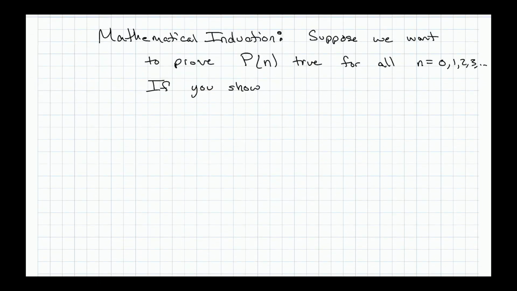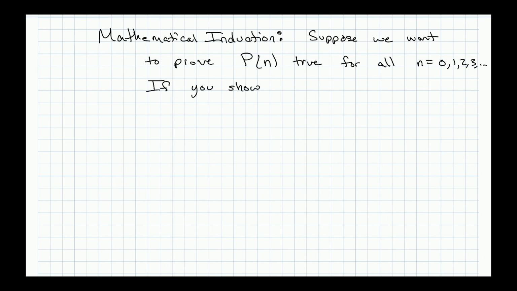To get on the ladder, what that means is we're supposed to be showing P of n true. Well, the first n is, in this case, n equals 0. So if we can show P of 0 true, that would be the first rung of the ladder. The first P that is true is the first rung of the ladder.